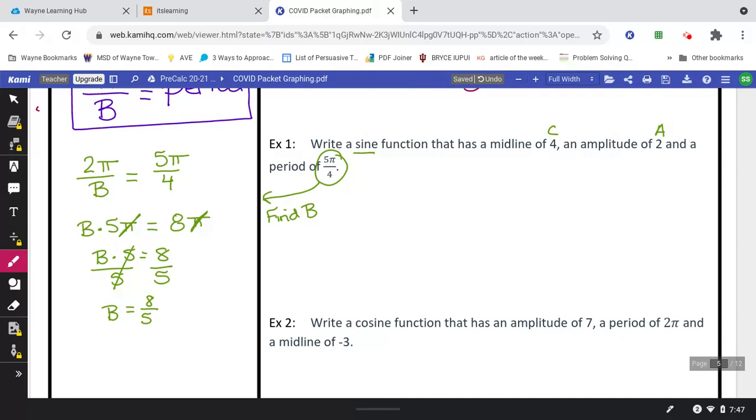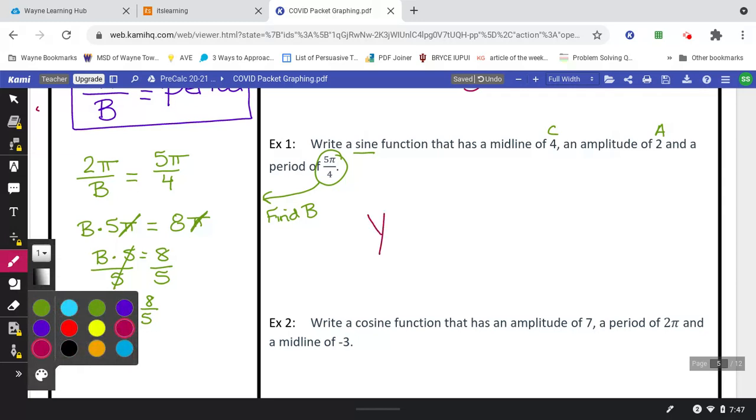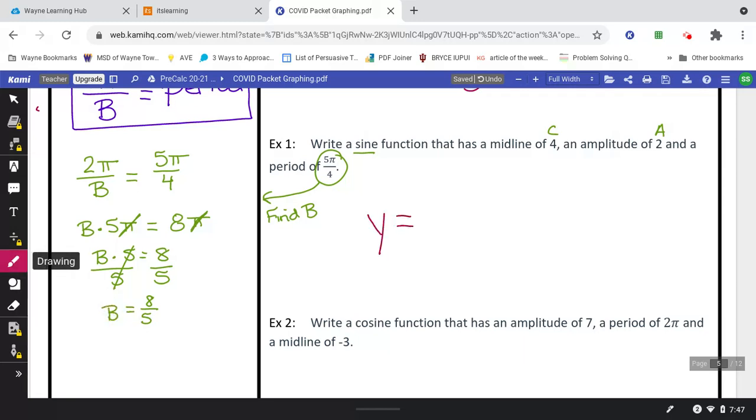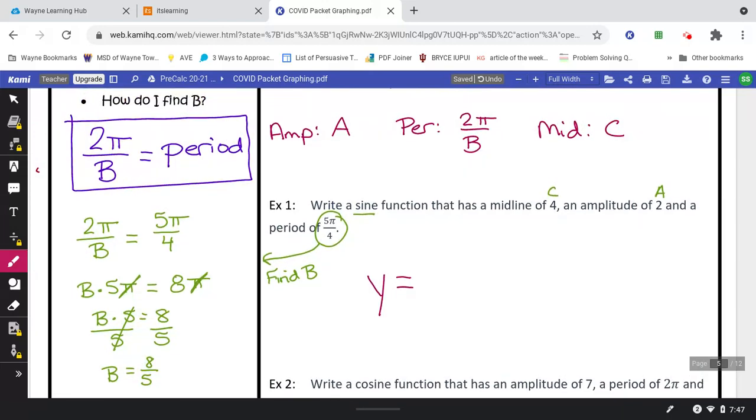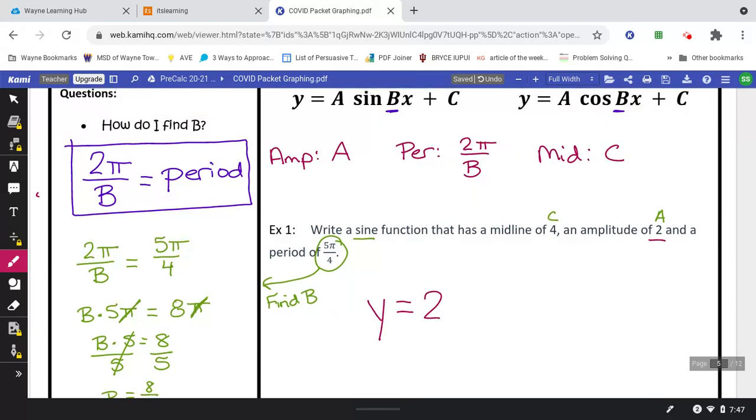So now that we have a, b, and c, we can write our equation. You can write it as y equals, or you can write it as f of x equals. So y equals my amplitude, a comes first, so 2, right here. And then I need to write the word sine. I'll abbreviate it to just S-I-N.